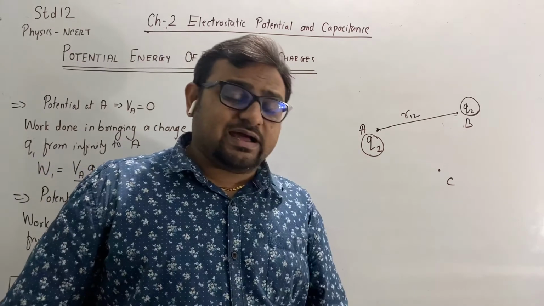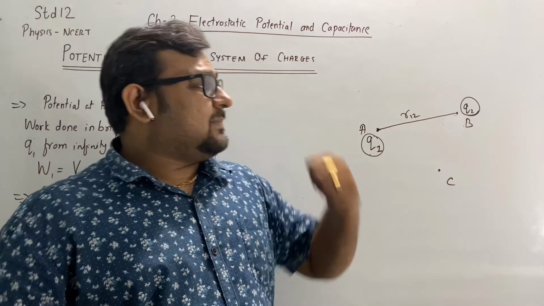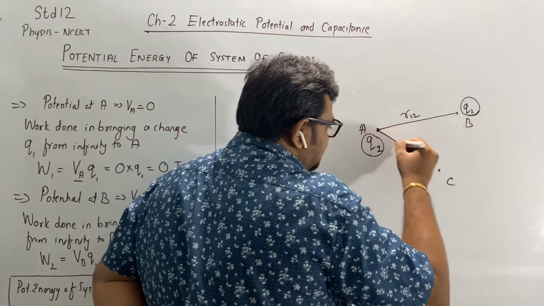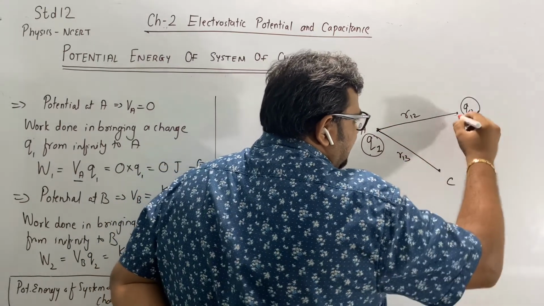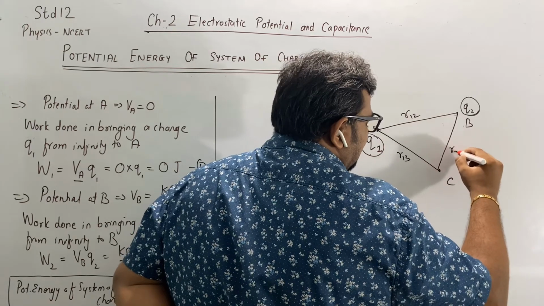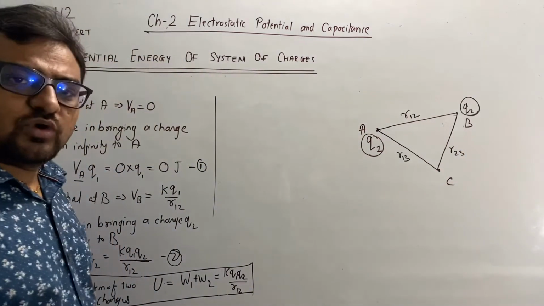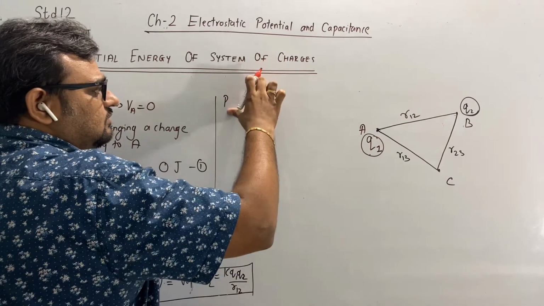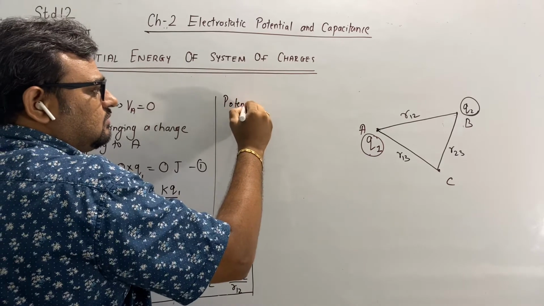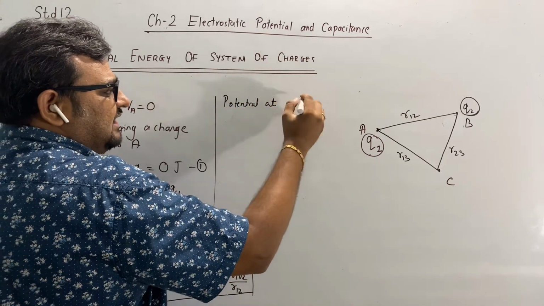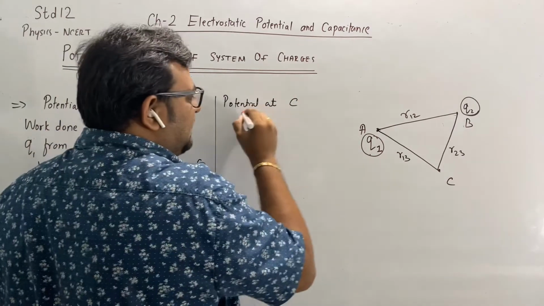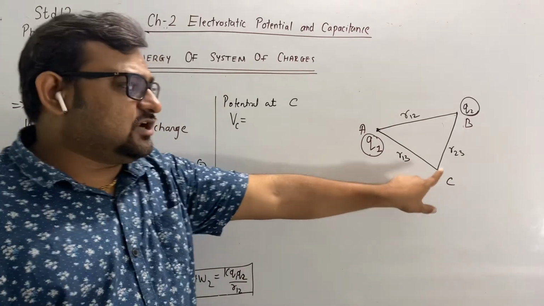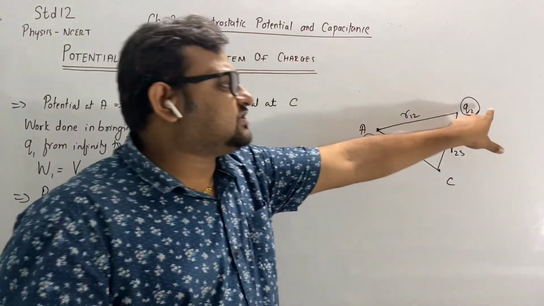Now I want to bring another charge Q3 from infinity to this point C. Let this distance be R13 and this one R23. Now what is the potential at C? Vc will be the potential due to charge Q1 plus the potential due to charge Q2.